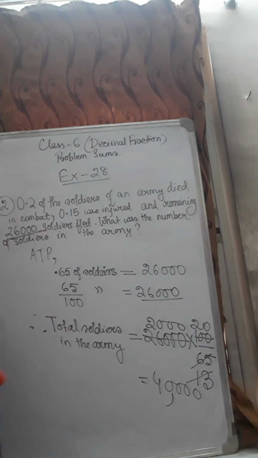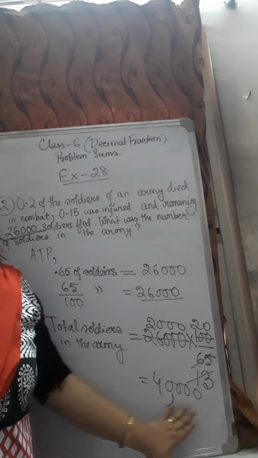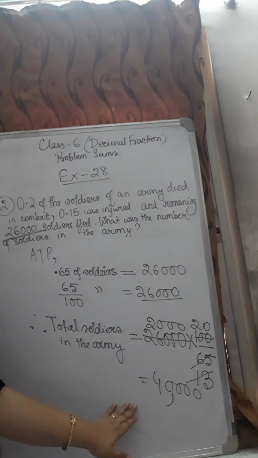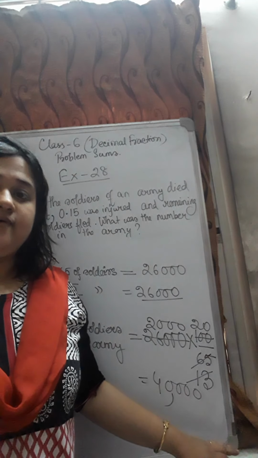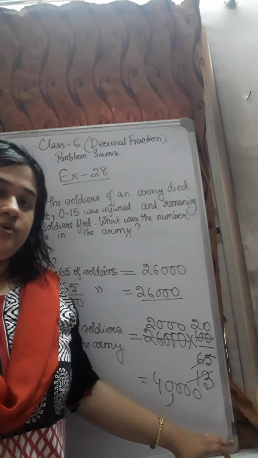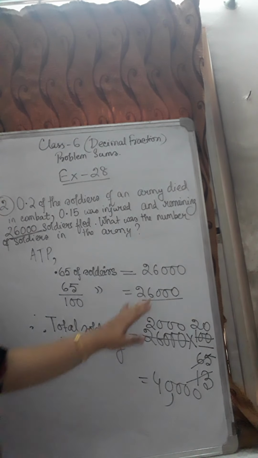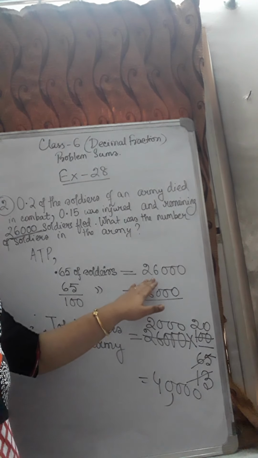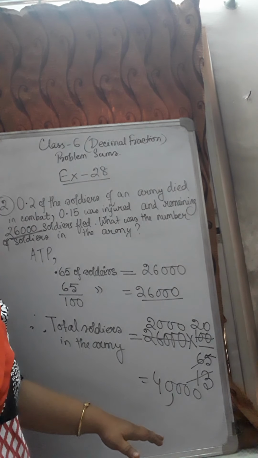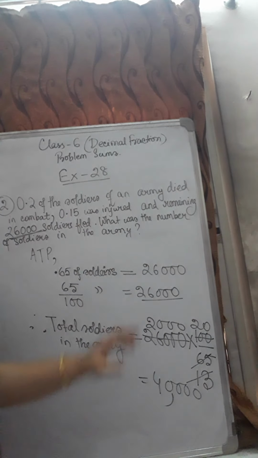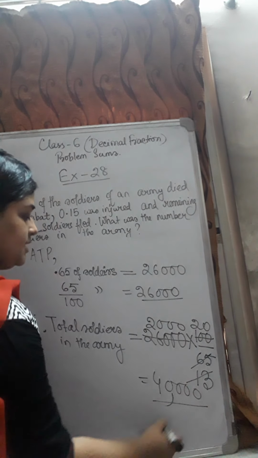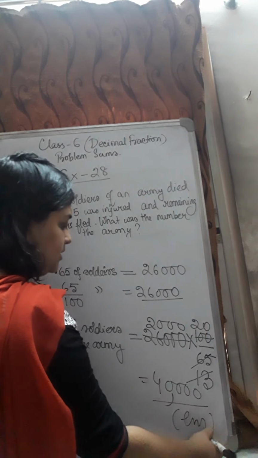That means the total soldiers earlier was 40,000. So we had to find the number of soldiers present before, and out of them 26,000 fled, which means the remaining died and got injured. So this is the total number of soldiers present in the army. Answer.